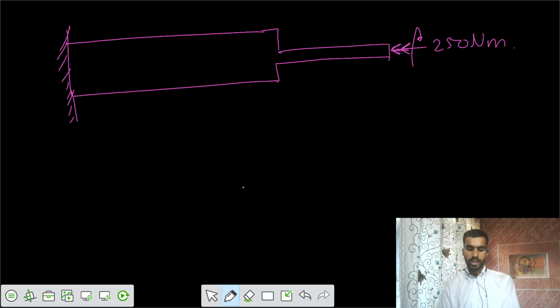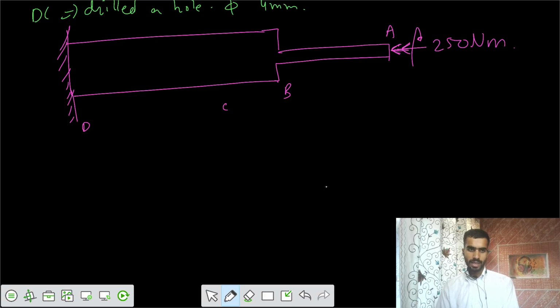So this point is A, this is B, this is C, this is D, and for the part DC, we have drilled a hole of diameter phi equal to 44.